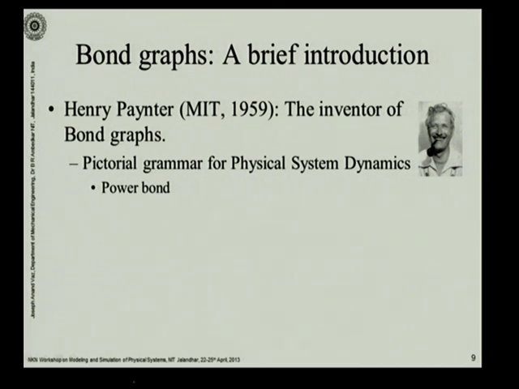Okay, so the power bond or the power arrow, which was actually designed by Professor Henry Painter, represents the power transaction as a product of two variables, an effort variable and a flow variable. And whenever you have a transaction of power in any energy domain in the physical world, you require these two variables, an effort variable and a flow variable. And we will see what these effort and flow variables are in different energy domains.